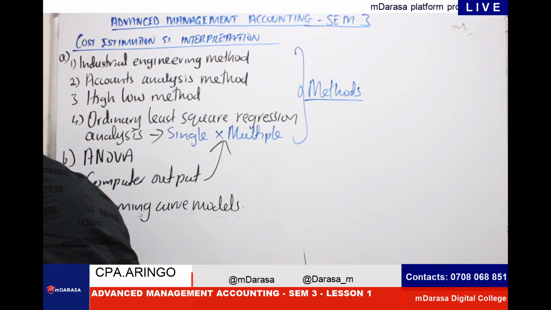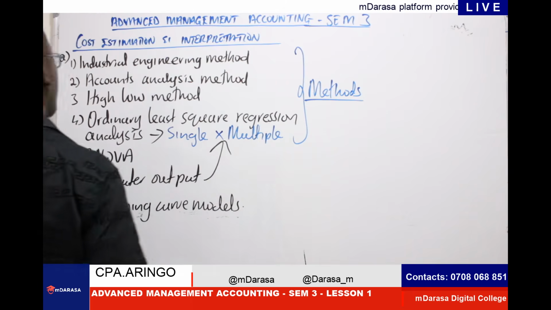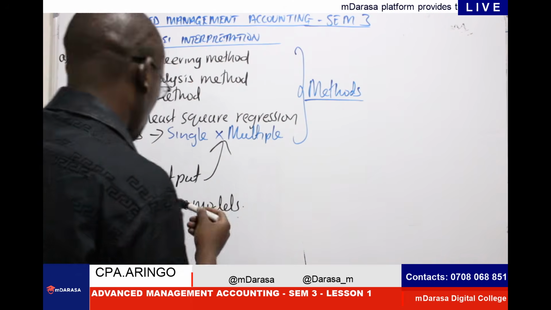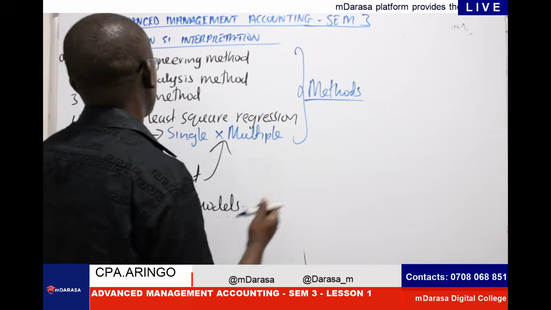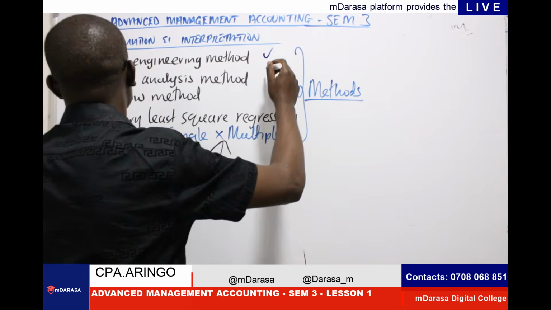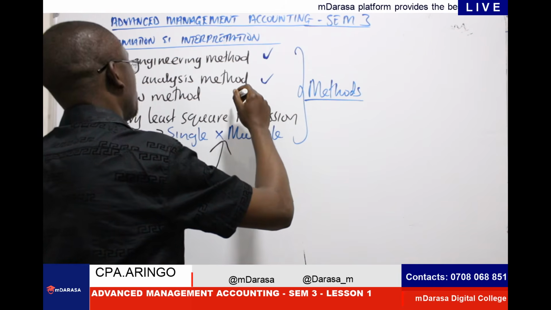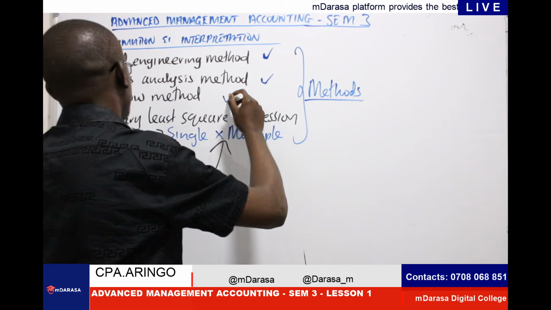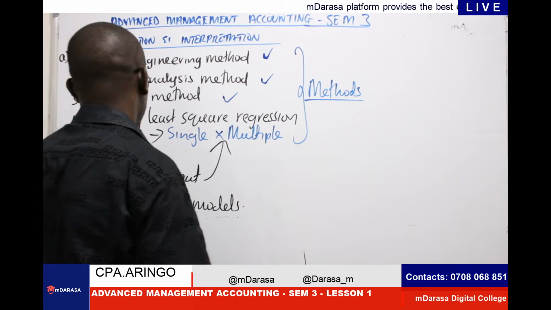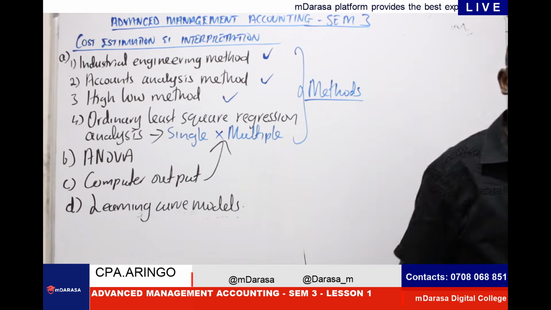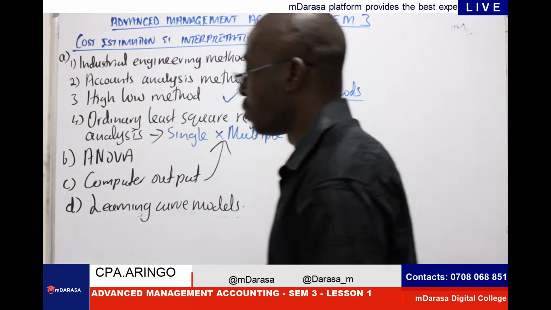I'll want us to start by looking at number one, the aspect to do with the methods. By the end of this session, I want us to have covered the industrial engineering method, the accounts analysis method, and the high-low method, and introduce a bit of ordinary least square regression analysis, with my focus being on multiple regression.